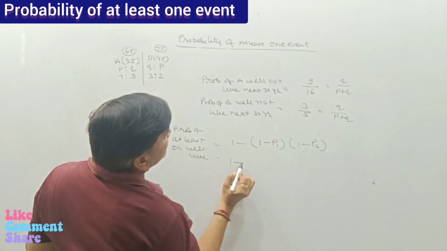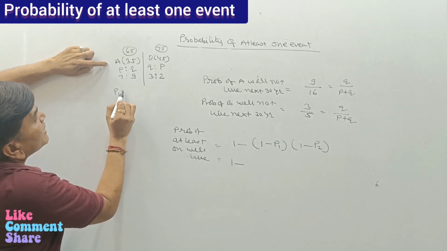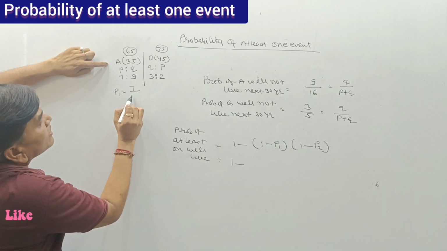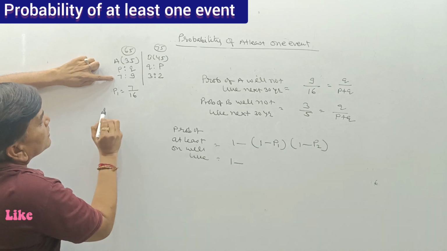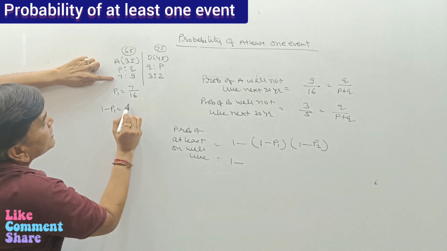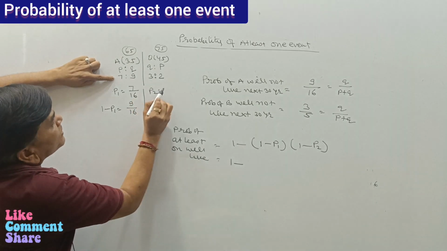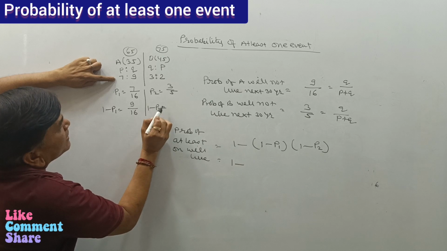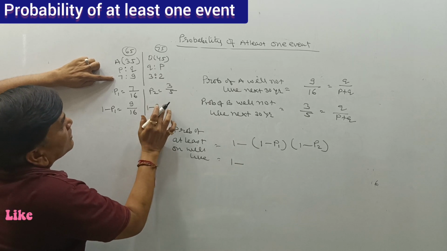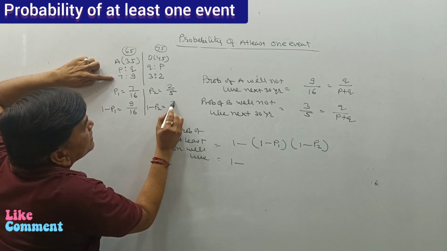So the probability of A living is 7 upon 16, not living is 9 upon 16. For B, living is 2 upon 5, and not living is 3 upon 5.